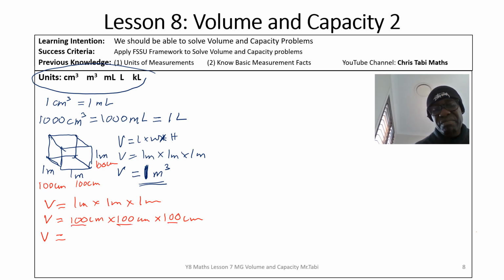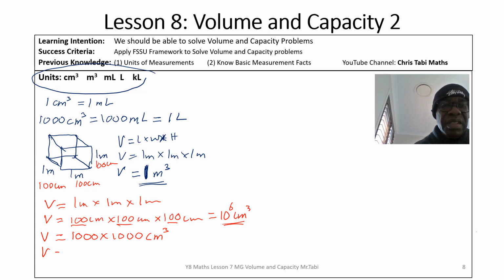That's a million, which I can write as 1,000 by 1,000 cubic centimeters. It's 10 to the power 6, but I'll just write it as 1,000 by 1,000 for the time being. As I said, this is equal to 10 to the power 6 cubic centimeters. By writing it this way, you can see what I'm getting at.